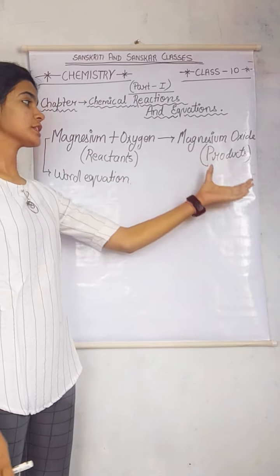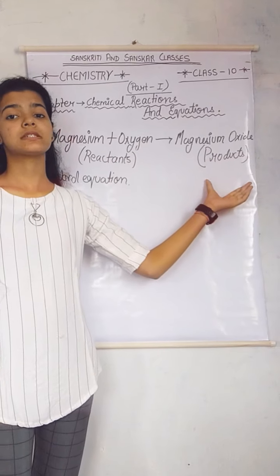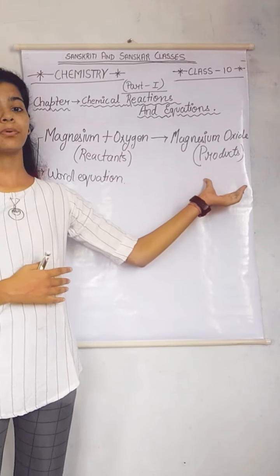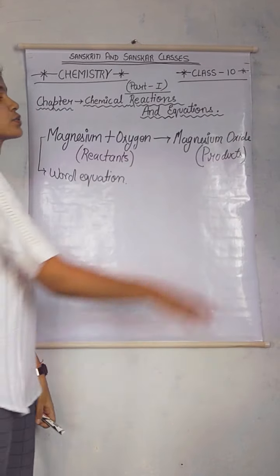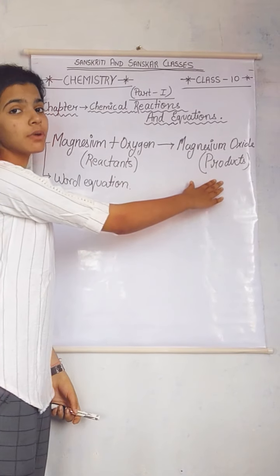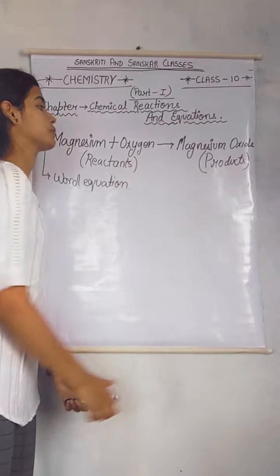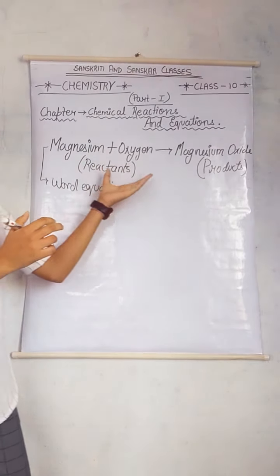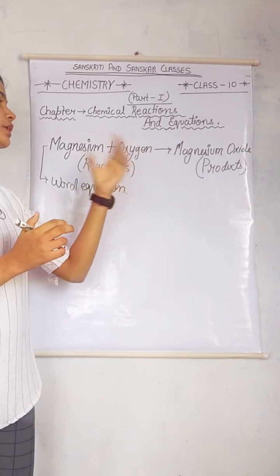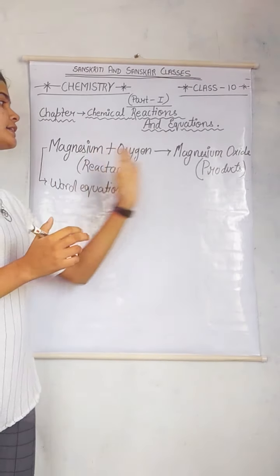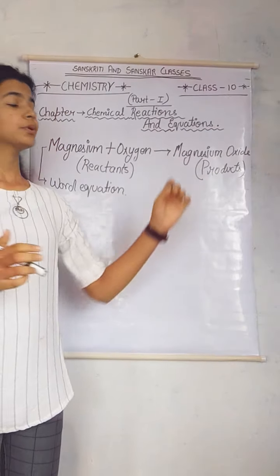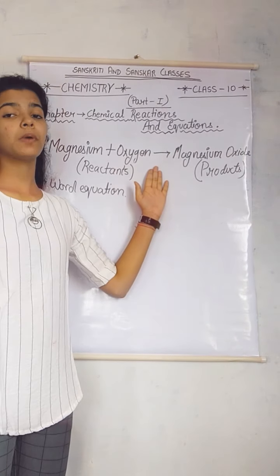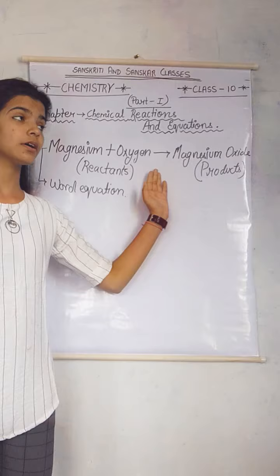Now what is a product? The new substance formed in a chemical reaction is called a product, and the product is always written on the right hand side of the equation. For differentiating reactants and products, we put an arrow between them, and the arrowhead always points towards the product side.